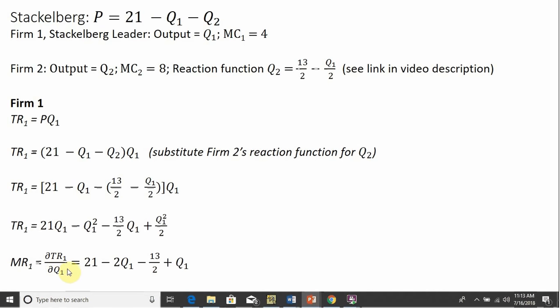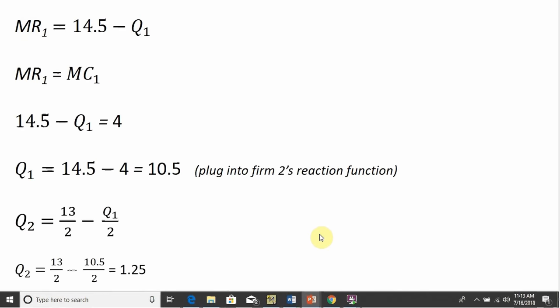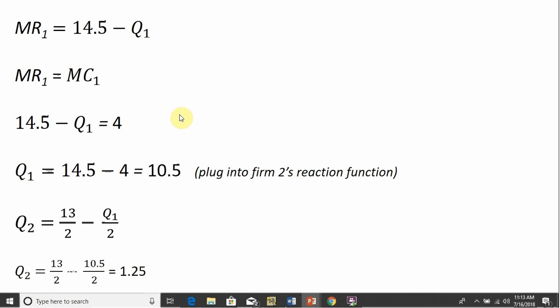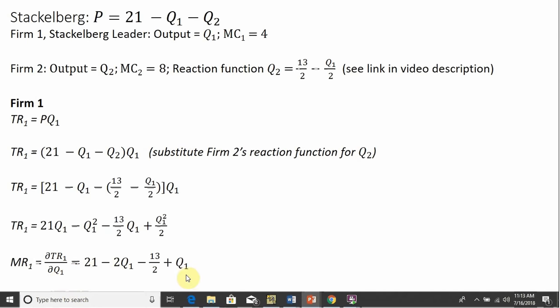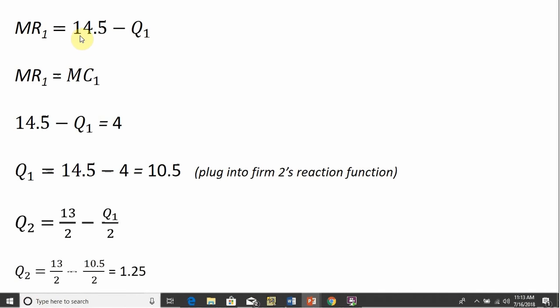Taking the derivative, we get 21 minus 2Q subscript 1 minus 13 divided by 2 plus Q subscript 1. The next step is to simplify that a little bit more. This marginal revenue simplifies down to this expression here, 14.5 minus Q subscript 1.